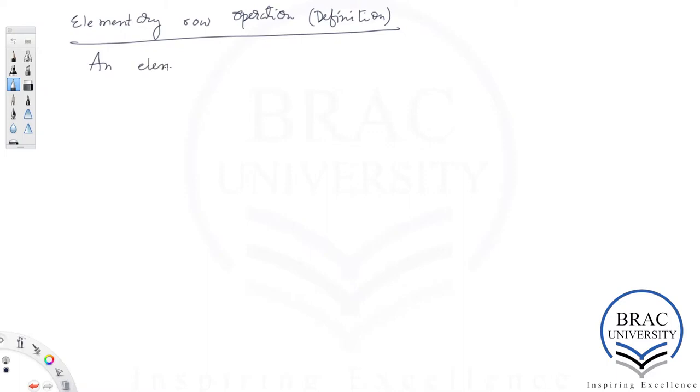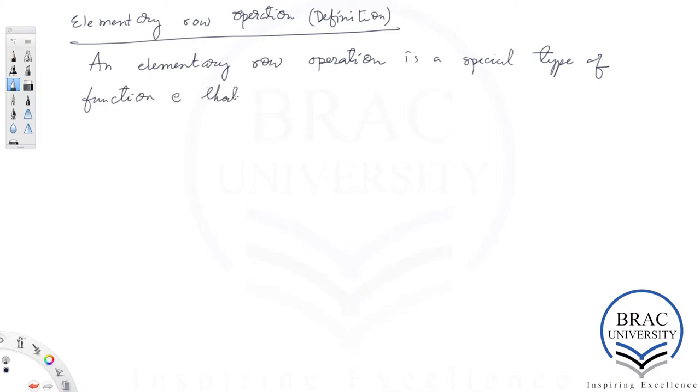Definition. An elementary row operation is a special type of function denoted by E that associates to each m times n matrix A an m times n matrix E of A in the following three possible ways.